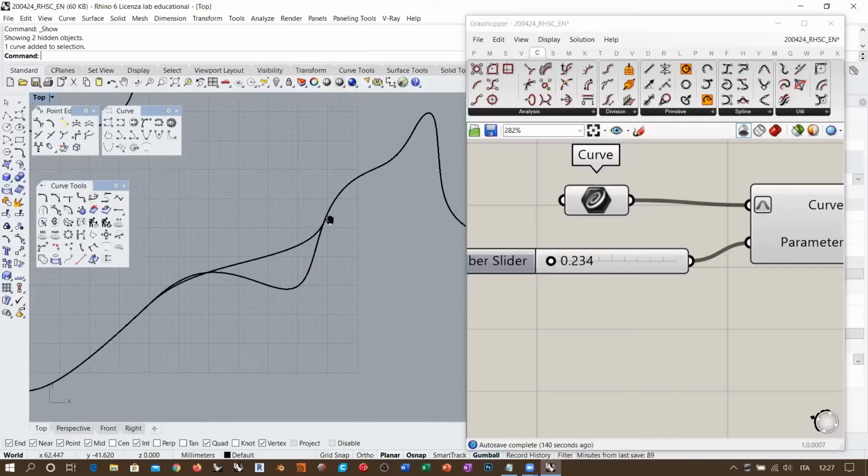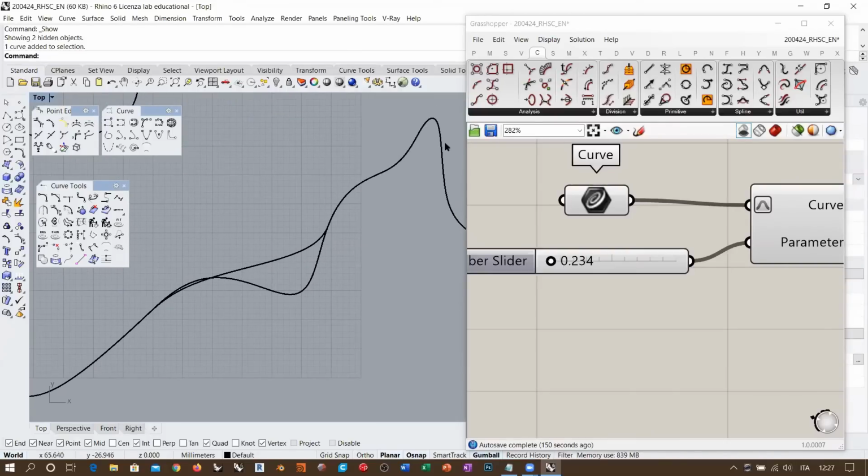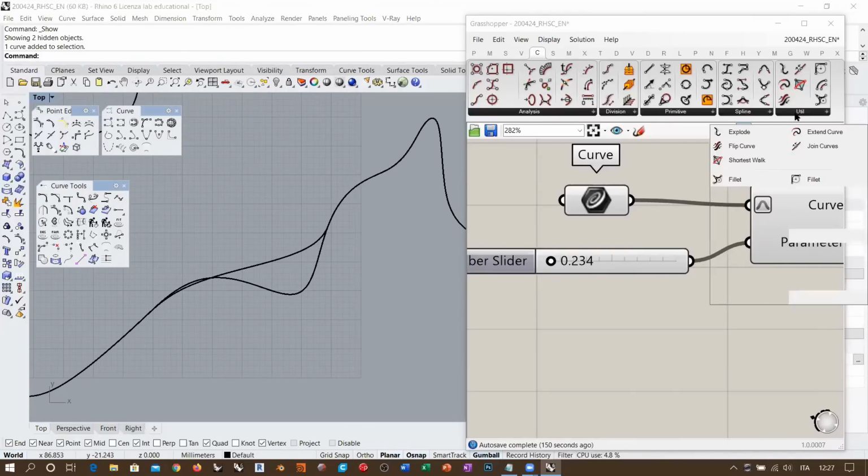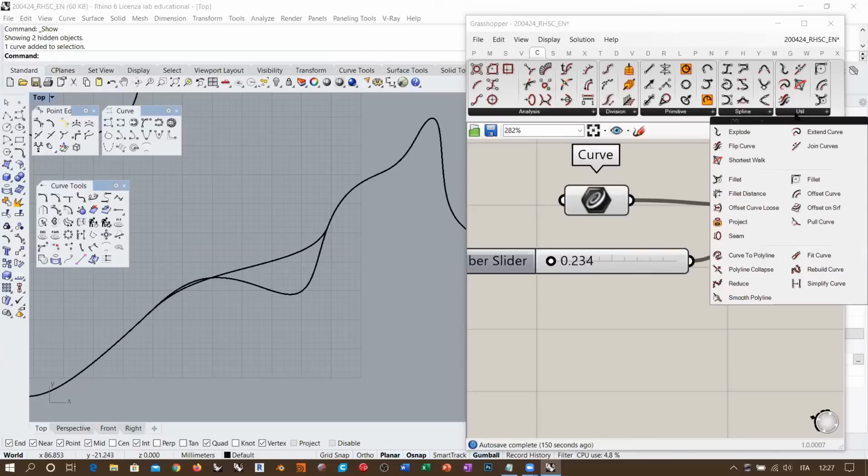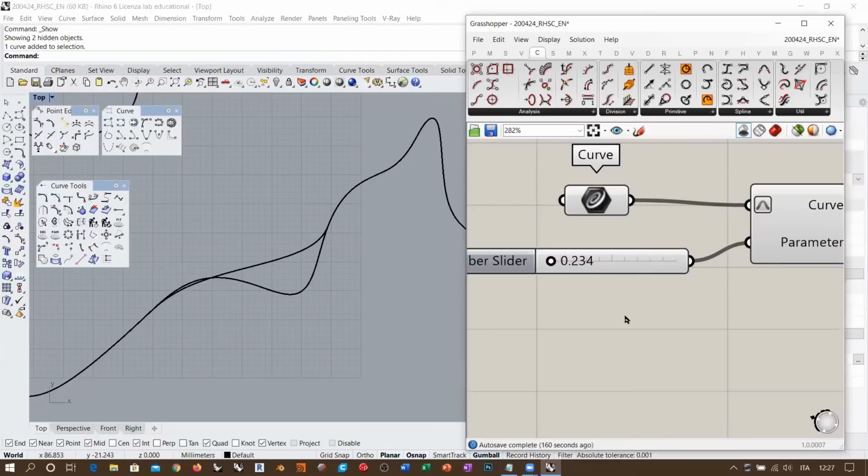Actually, normally I tend to have some confusion between Rhino and Grasshopper, because I don't remember if there are Rhino plugins or utility. But yes, I think that there is something from Grasshopper that converts a NURBS curve into a polycurve made up of arcs. Yeah, I don't see it here.